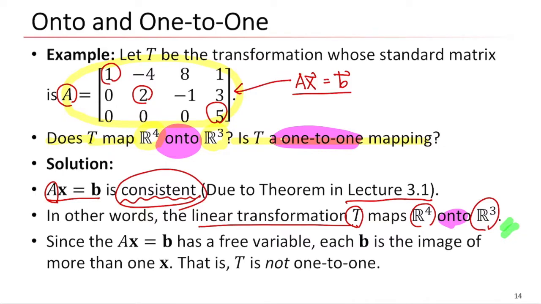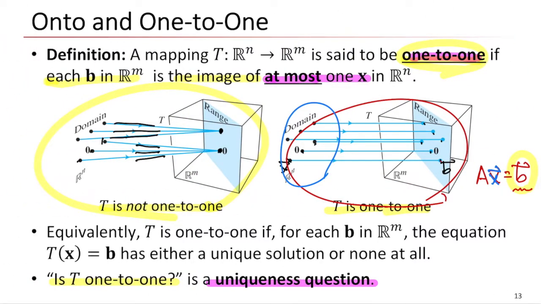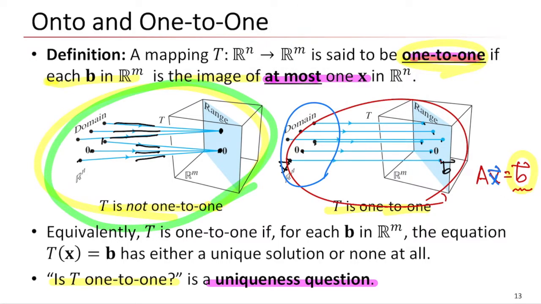And secondly, Ax equals b has a free variable, right? Because we have three pivot positions, x1, x2, and x4 will be the basic variables, but x3 will be the free variable. So in other words, there are infinitely many solutions. It is the left image case, right?